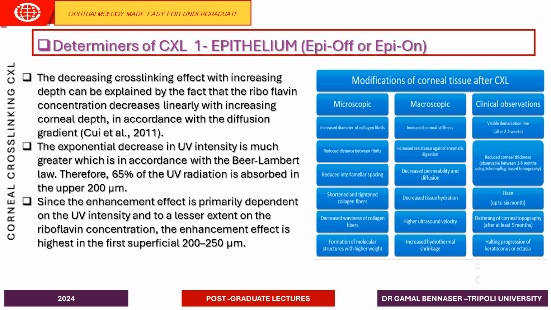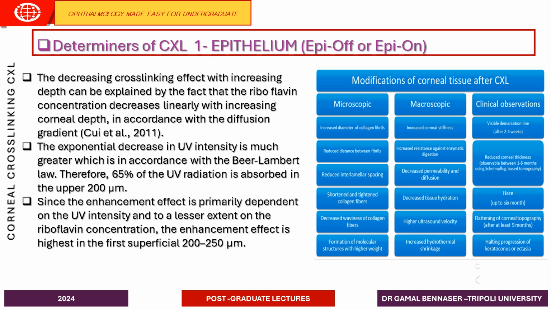So the combination of both the epithelium and the presence of riboflavin will significantly reduce the penetration of the ultraviolet and reduce the irradiance of the ultraviolet energy, because of the high absorption spectrum of these two together, along with the absorption spectrum of the stroma.